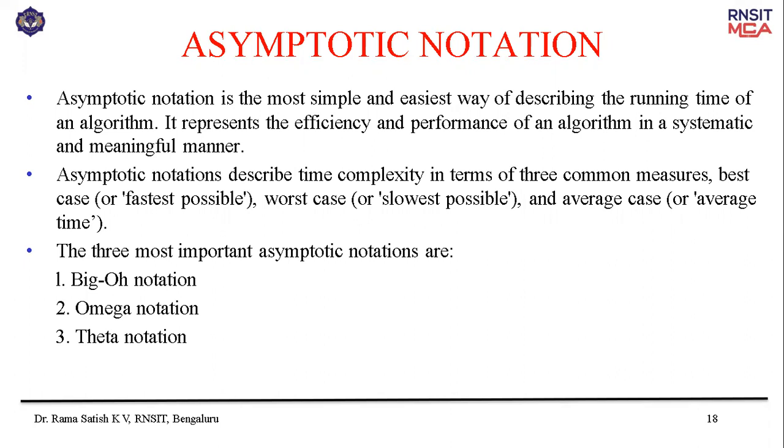And there are three common measures. The first is the best case. Best case is nothing but the fastest possible way. Fastest possible representation is what you call the best case.